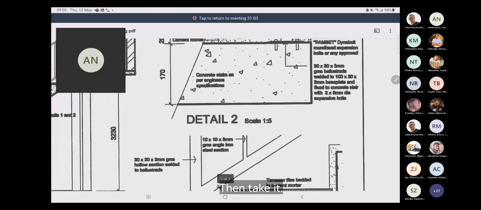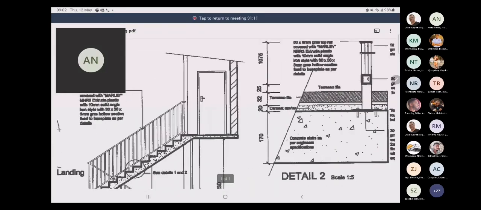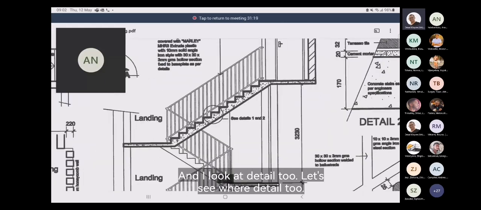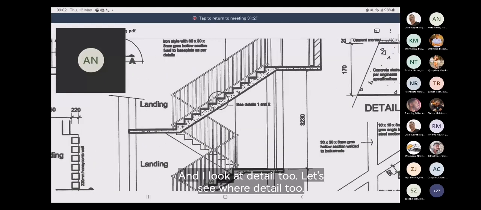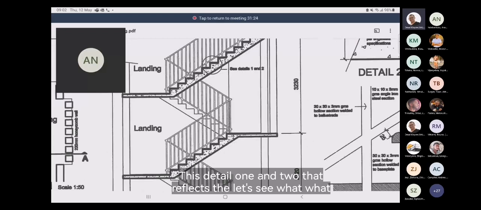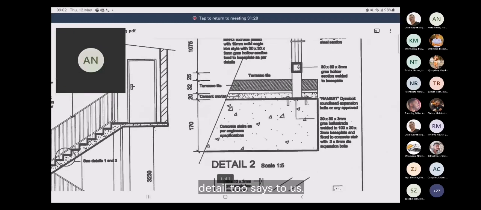Then take it a little further, and now look at detail 2, and let's see where detail 2 is, detail 1 and 2 that reflects there. Now let's see what detail 2 says to us.